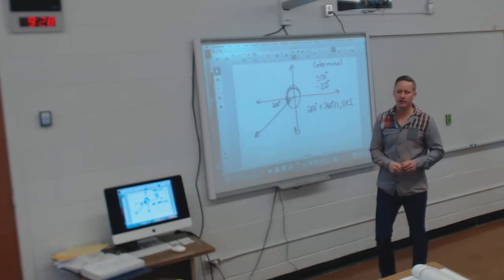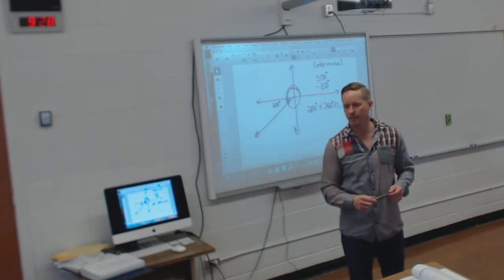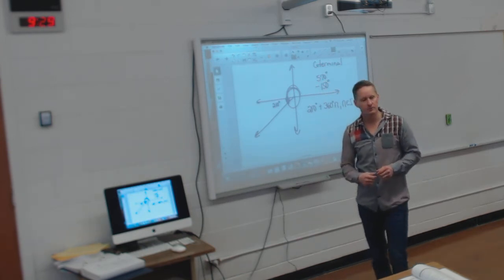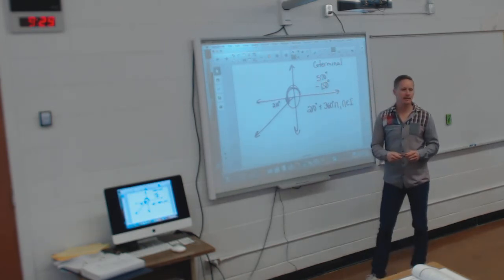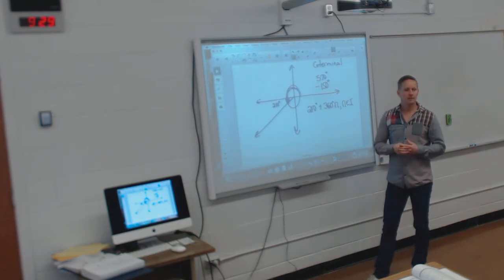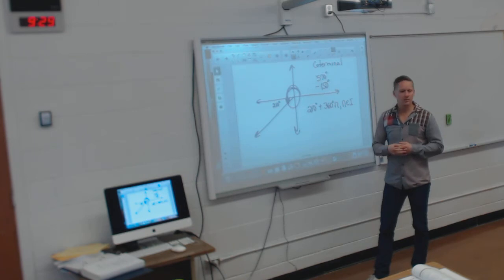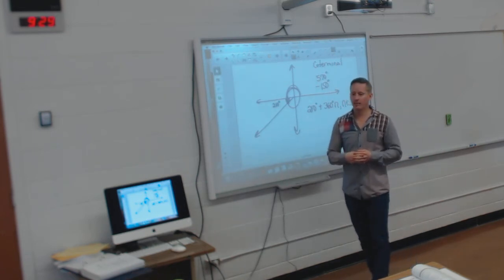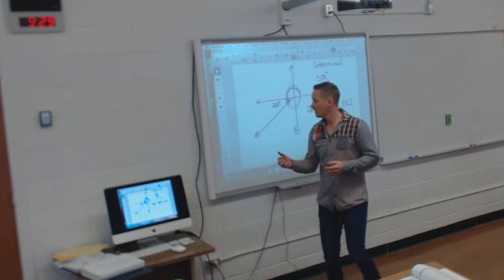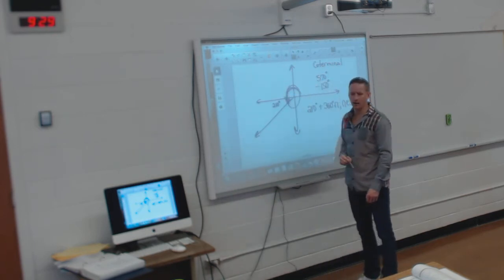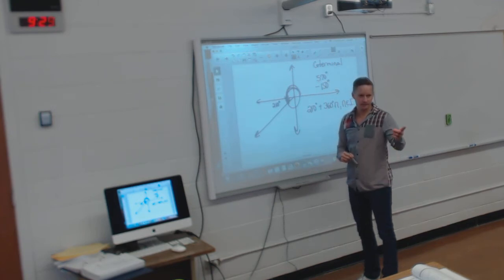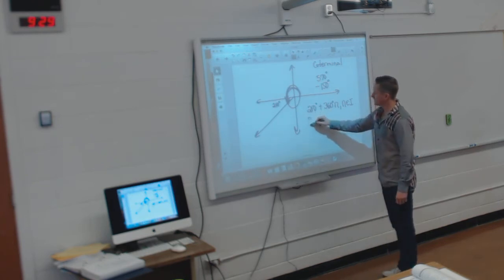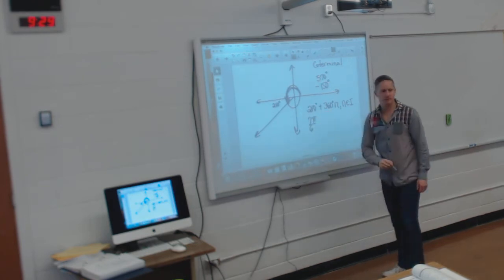So what is 210 degrees in radian measure? Somebody want to guess? Don't use your calculator. Just think it through. In radian measure, what's the reference angle? So it's got to be a pi over 6, right? How many pi over 6s does it take me to get to here? 7 pi over 6.